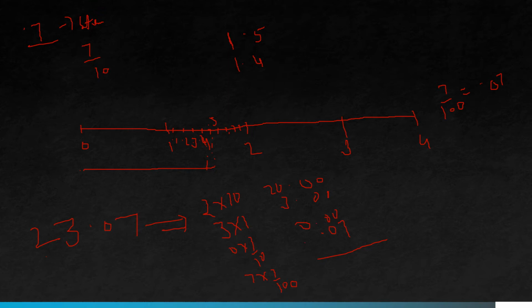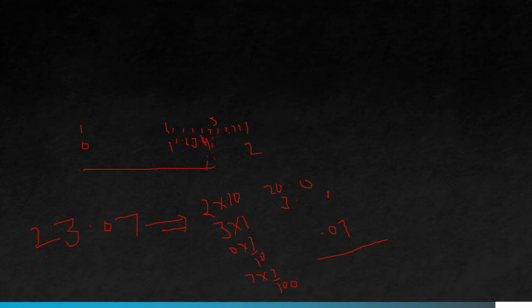How can we convert the decimal into a fraction? So let me just remove this, and I'll show you how we can convert the fraction into the decimal, and then the decimal into a fraction.